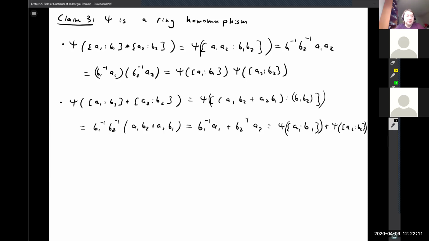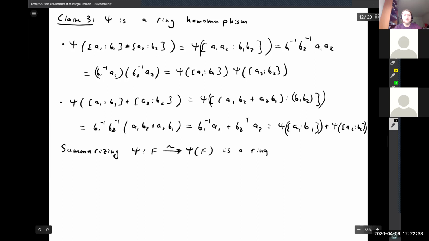Okay, so now summarizing, if we have psi from F to psi of F, it is a ring isomorphism.